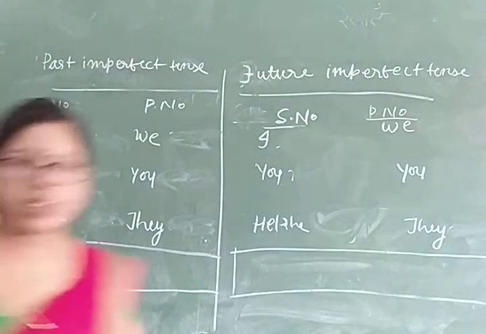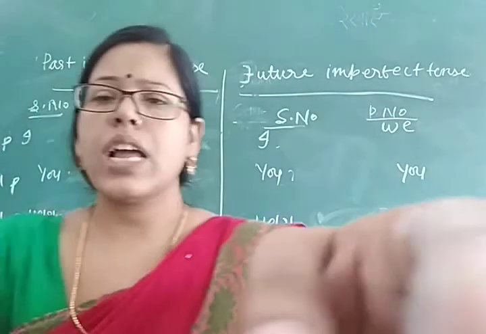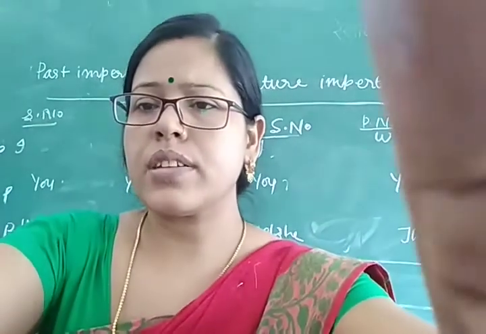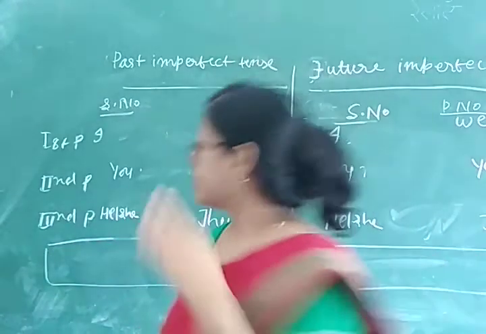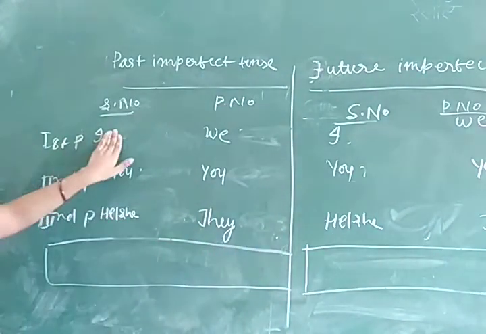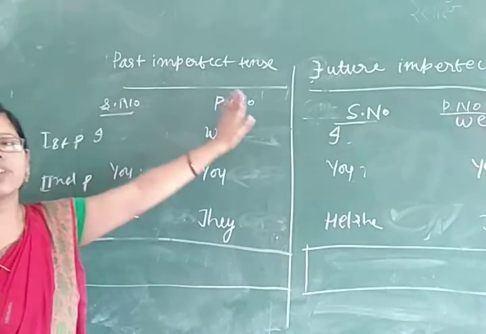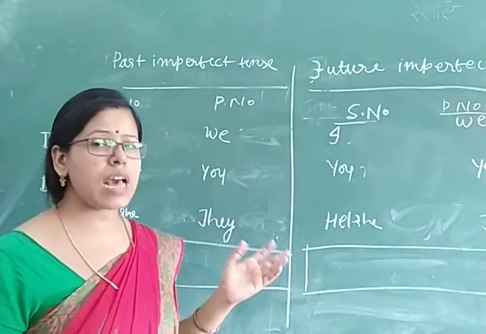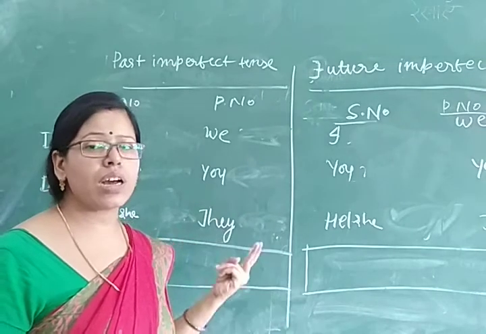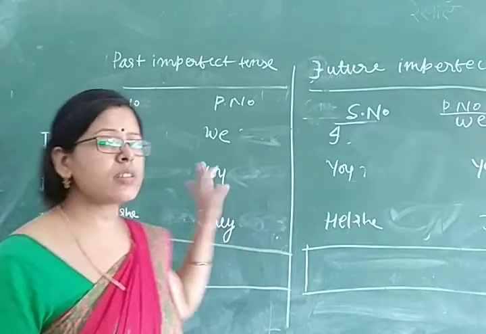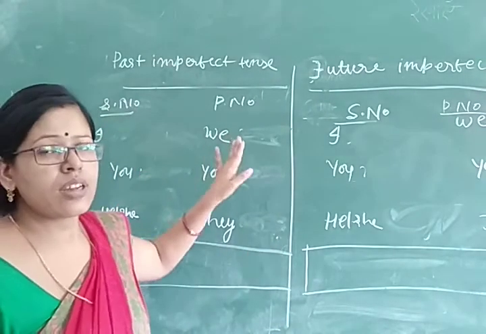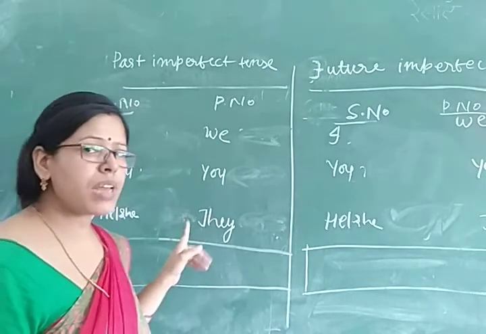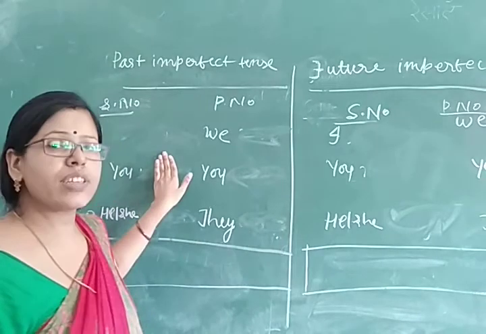My dear students, in this past imperfect tense, we use the helping verbs was and were. Only two helping verbs are there in this past imperfect tense. So at first I will write here the structure and then you will be able to understand it very easily.